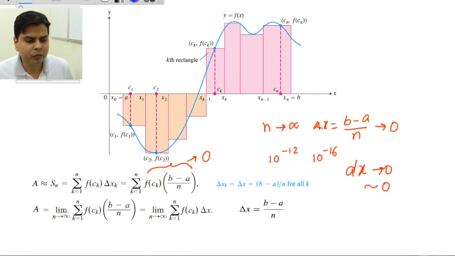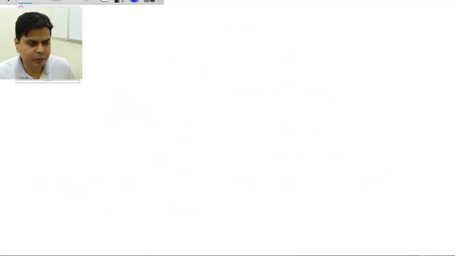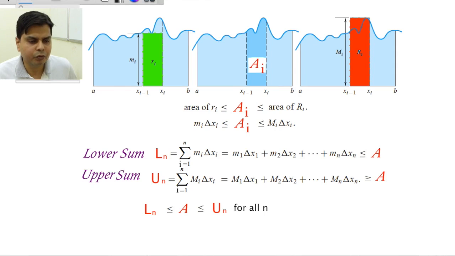Now whatever I had derived by a visual explanation, let's derive this with a rigorous proof. Now suppose let's concentrate ourselves on one particular subinterval, say this ith subinterval. In each subinterval the function will be having a minimum value. I have denoted that by small mi, and the function will be having a maximum value capital Mi.